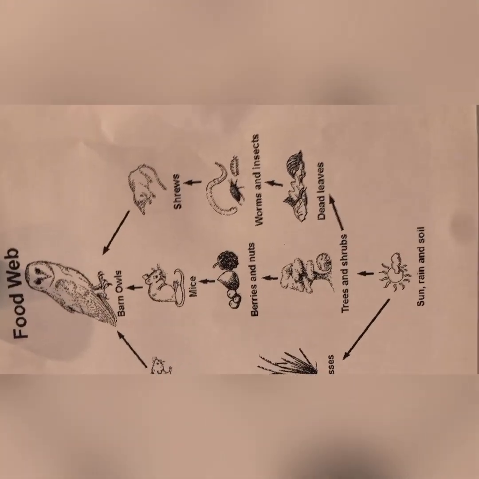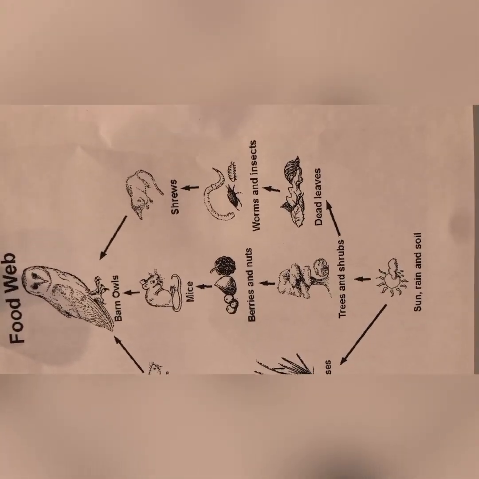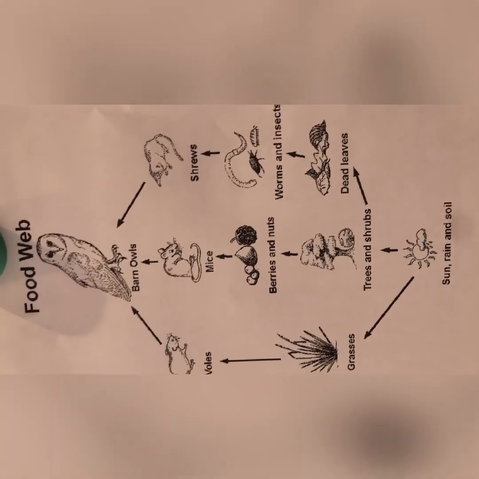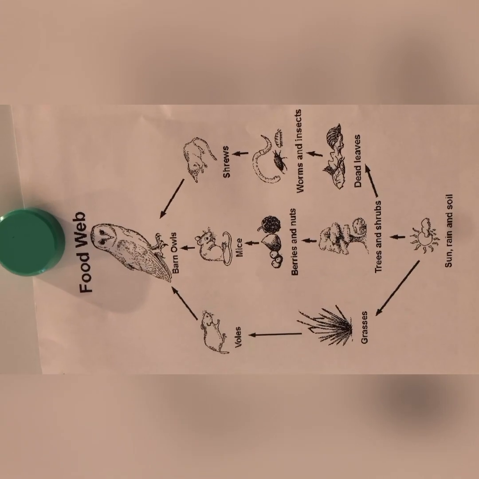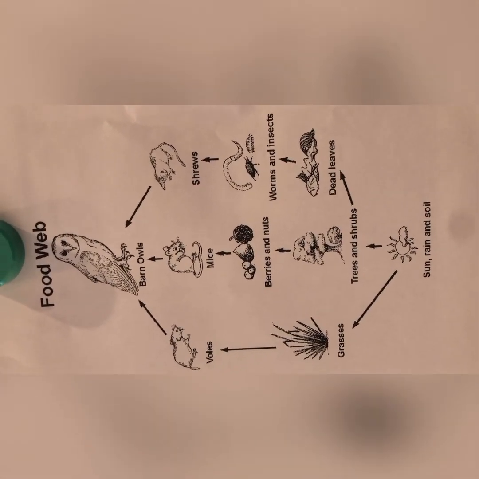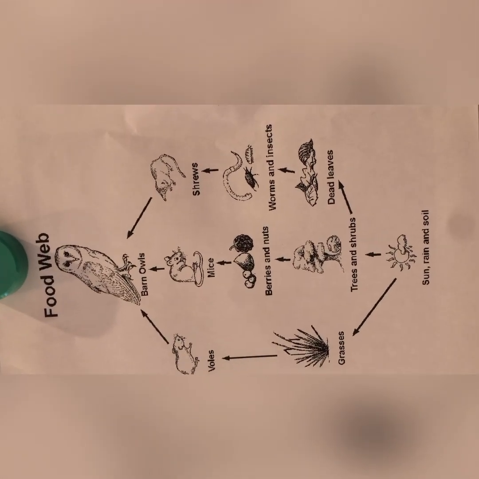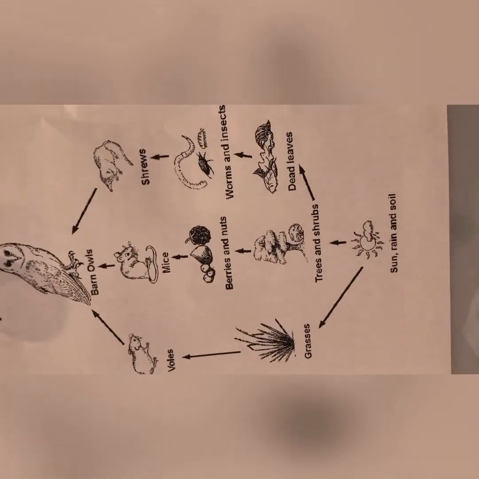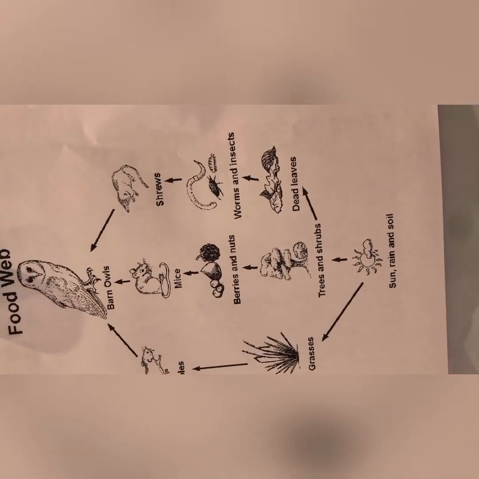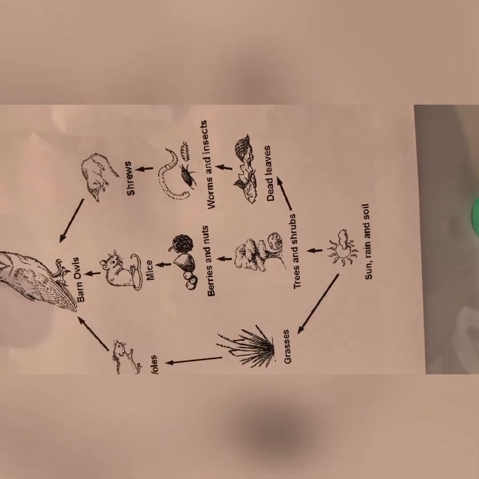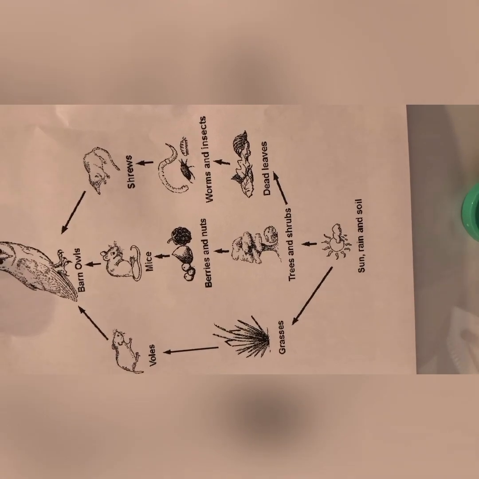The dead leaves are eaten by the worms and insects, which are our decomposers. The worms and insects are eaten by the shrews. And here you see the shrew, the mouse, and the voles are all eaten by the barn owl. All of the energy that is given to the barn owl starts with the energy from the sun. So the food chain here shows the relationship between the producers, which are the plants, and the consumers, that are the animals that eat the plants or eat other animals.